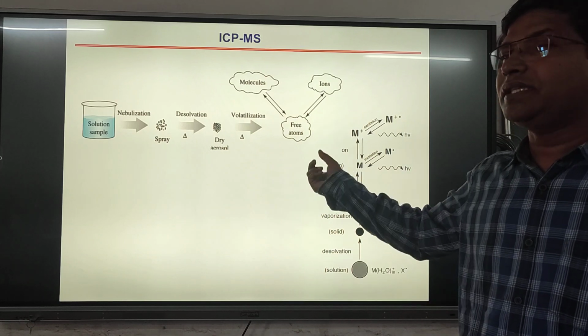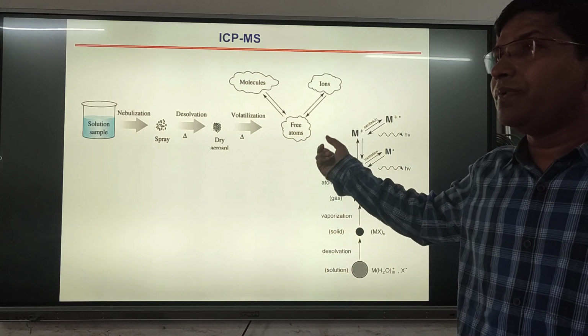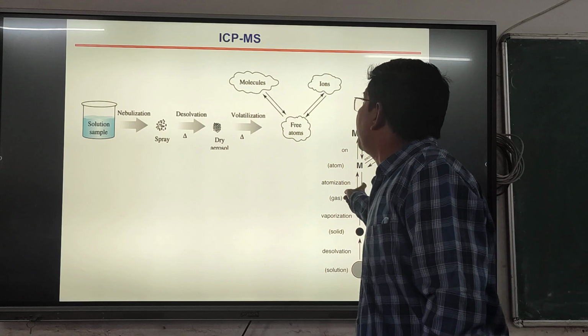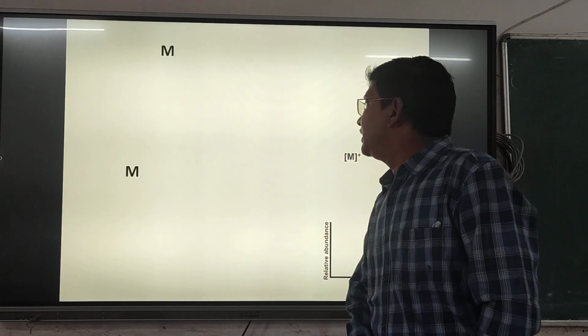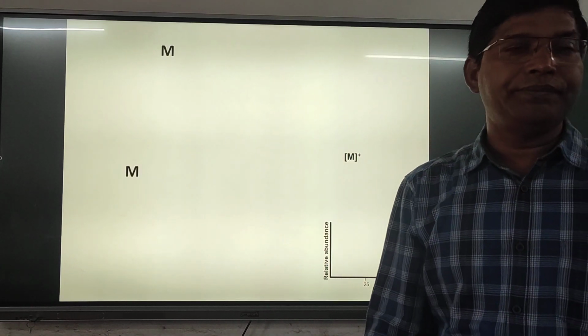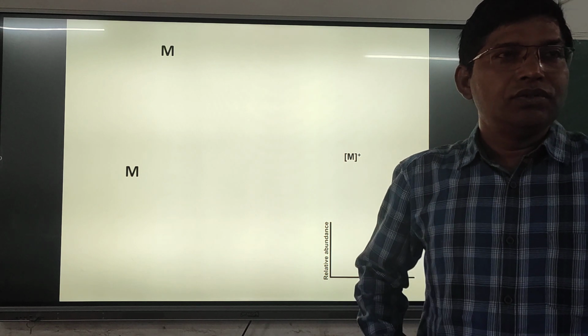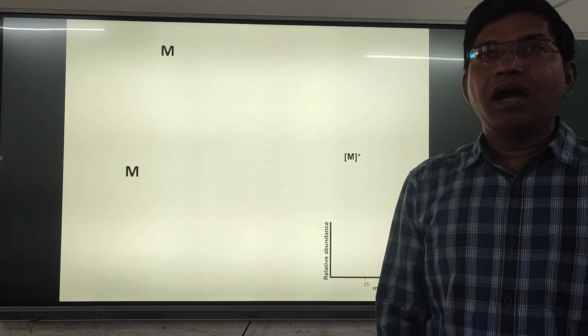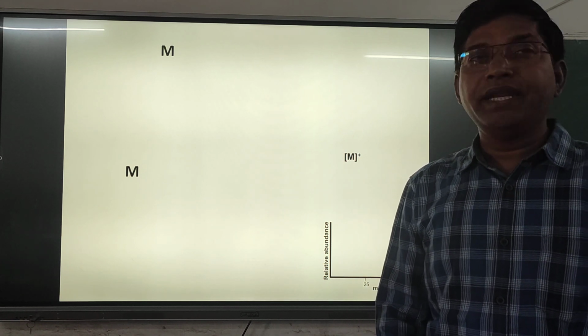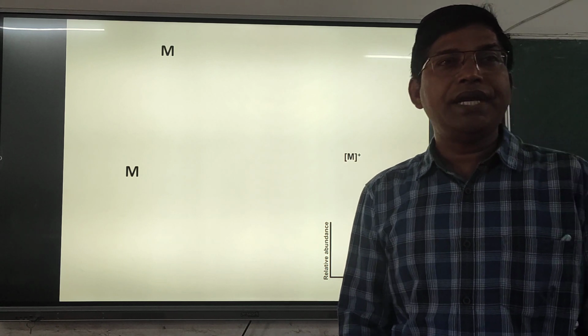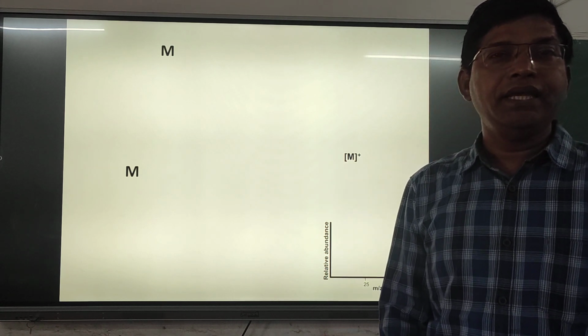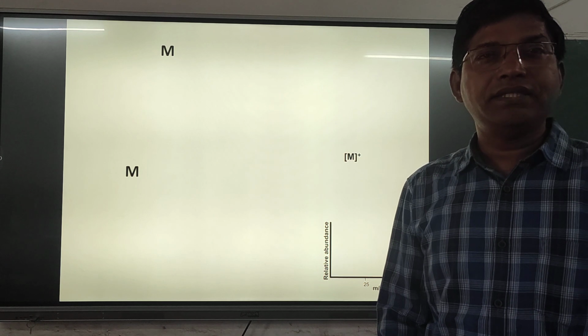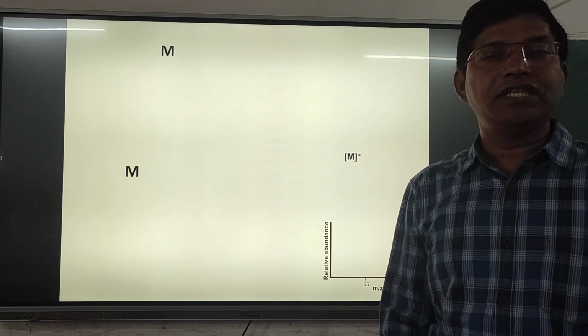So this is the principle or process in ICP as well as in mass spectrometry. Here we will see the mechanism for detection of the ionized element in mass spectrometry.